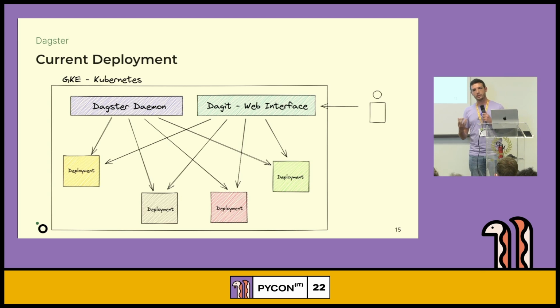The two main components are the Dagster daemon. As you can imagine, this is a background service that checks which workflows need to be run and executes them for you. If you're running them in Kubernetes, it will run them in Kubernetes. If you're running them locally, it will run them on your local machine. You can run them on Docker if you wish.